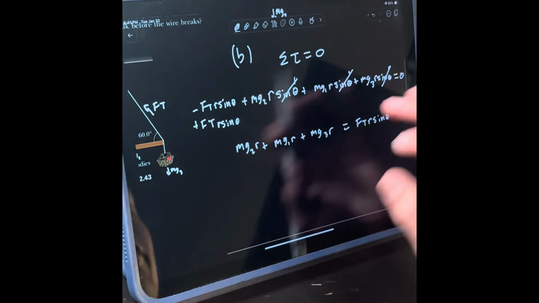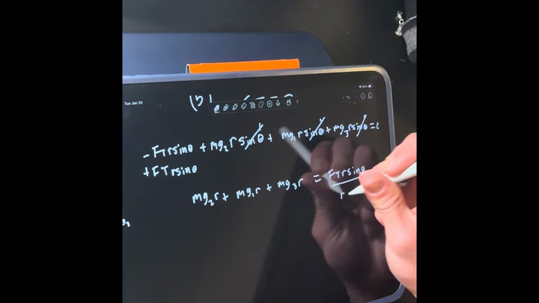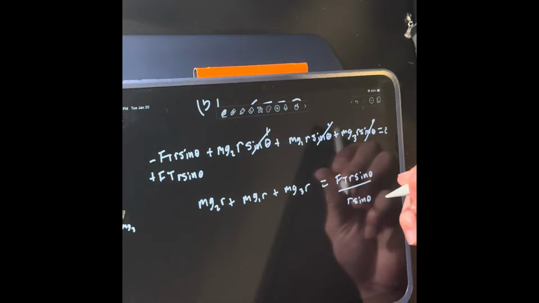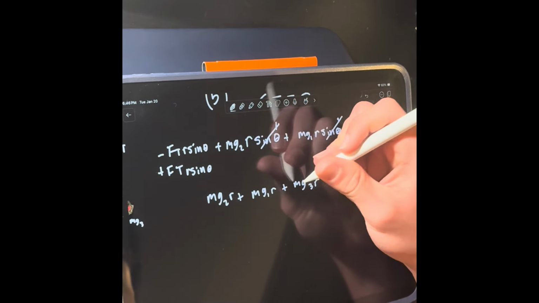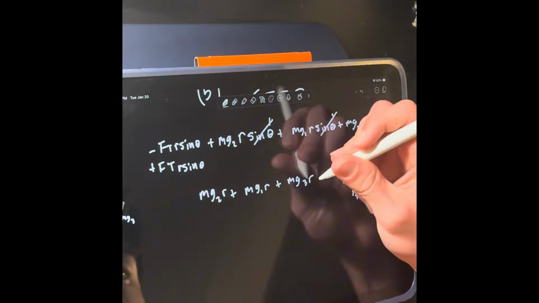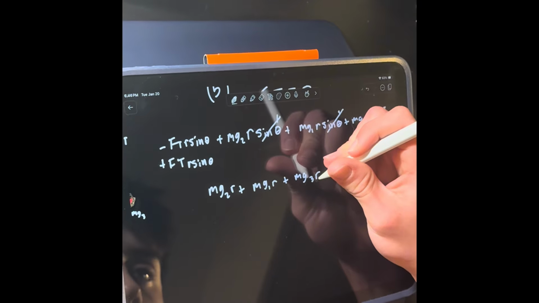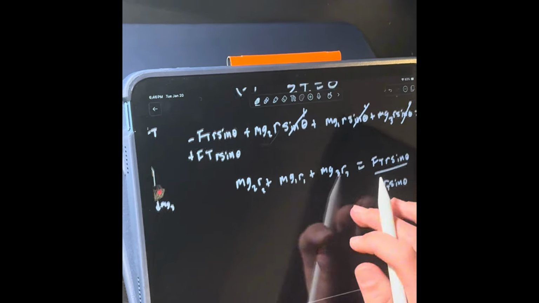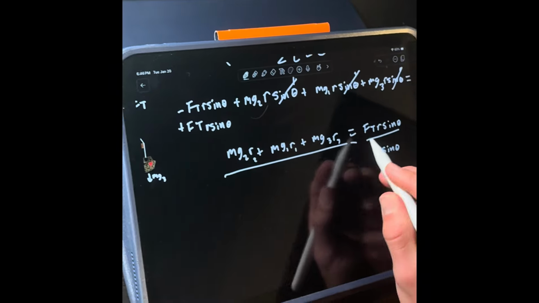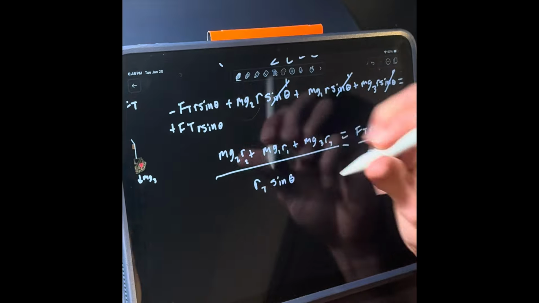Now the last move to isolate force tension would be to divide by r sine theta, and this is the r of the tension, so I'll write it RT. Since they all have different radii or distances away from the axis of rotation, I'll write R3, R1 and R2, just to make it neat. So we're going to divide both sides by RT sine theta.